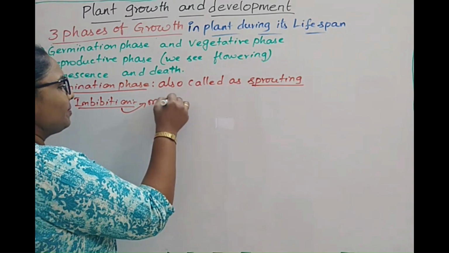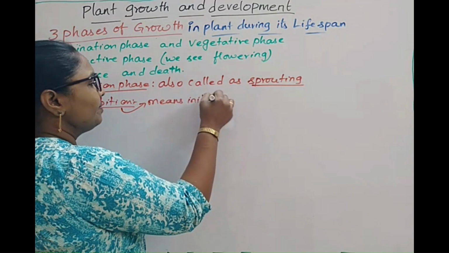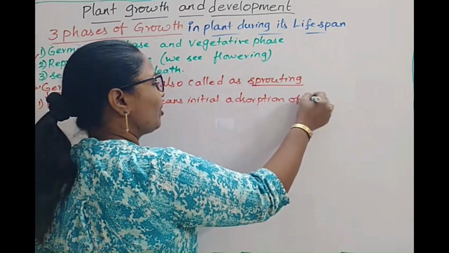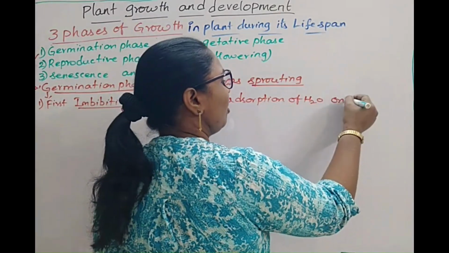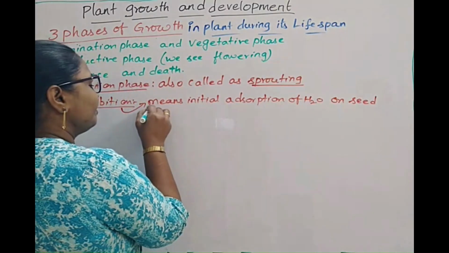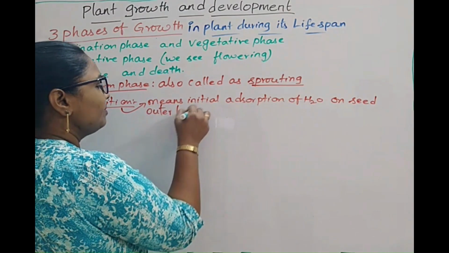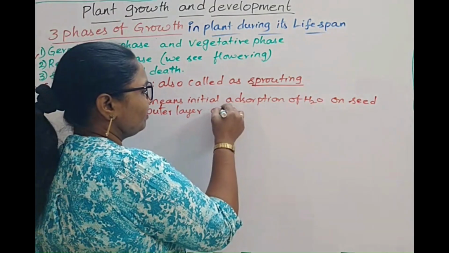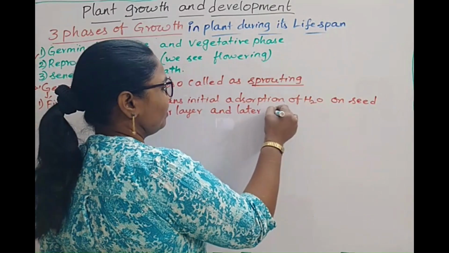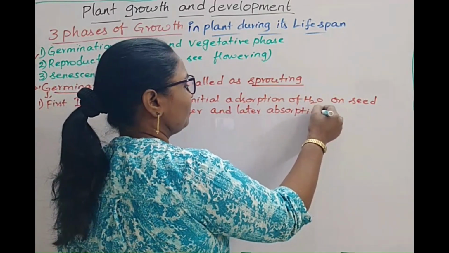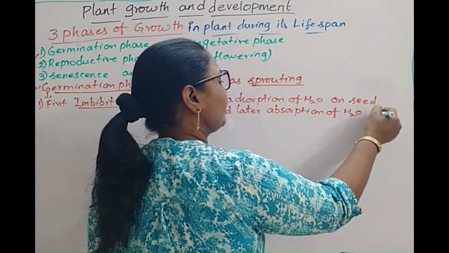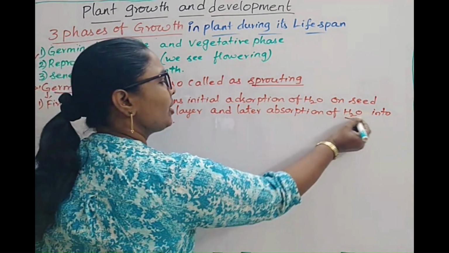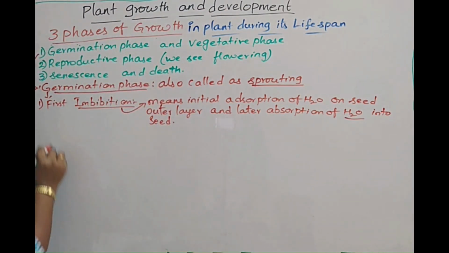So imbibition means initial or first adsorption of water on the seed outer layer, and later water enters into the seed, that is called absorption. Because of entry of water molecules into the seed, gibberellic acid content increases.